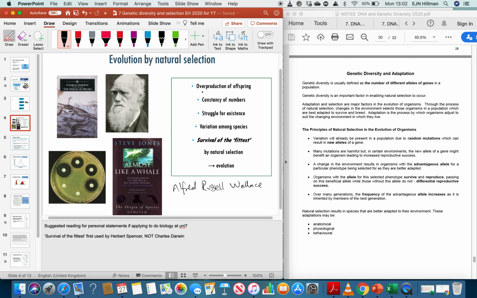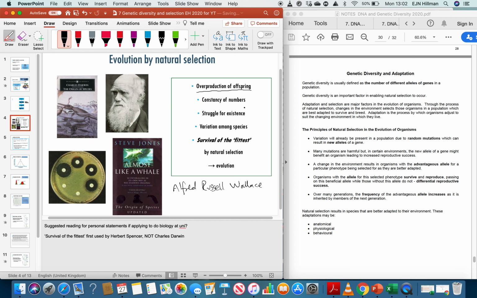Both of these books talk about the observations that Darwin and Alfred Russel Wallace made, and the conclusions that they drew from those observations. So, one is there is an overproduction of offspring.